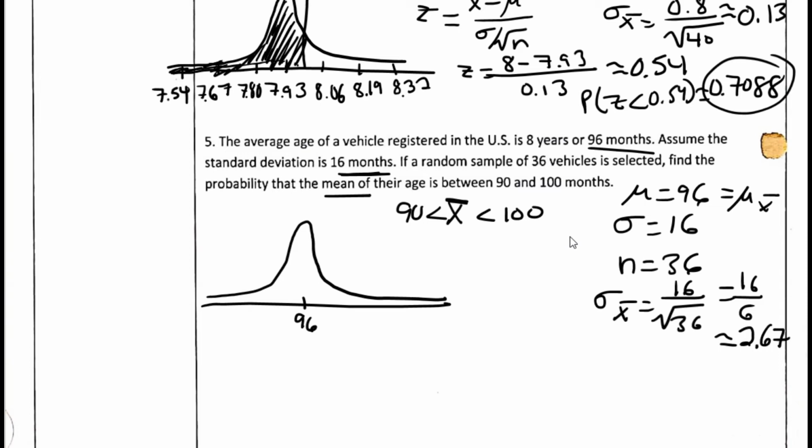All right, so we're going by 2.67s here. So 98.67, 101.34, and about 104.01.